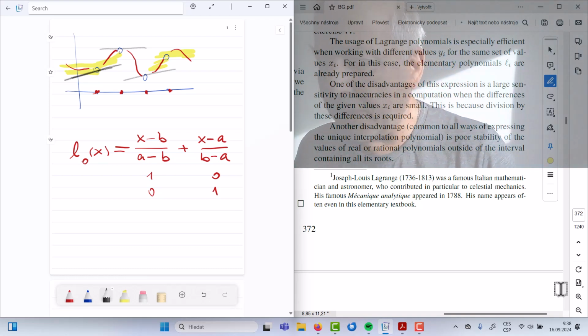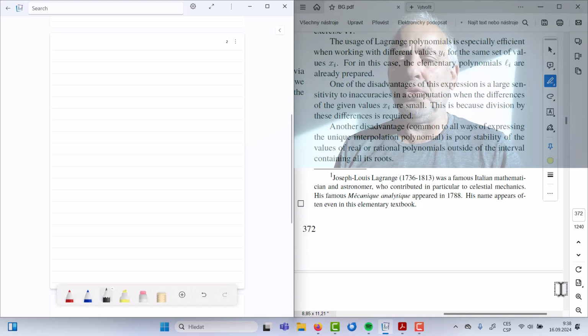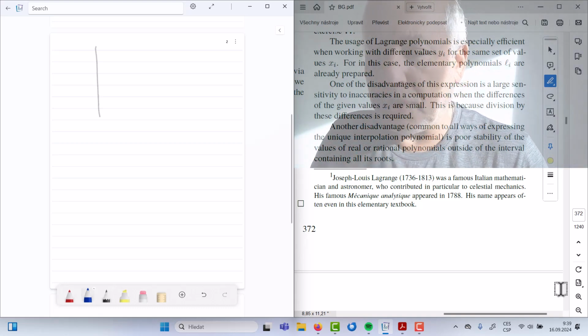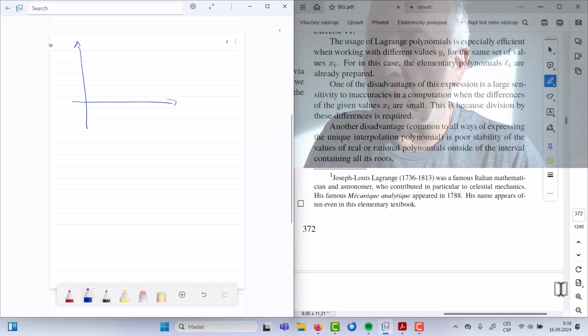And this is not that difficult to see, because we can imagine what we want to do, right? We want to understand how the behavior of the function changes if we change the argument only infinitesimally.